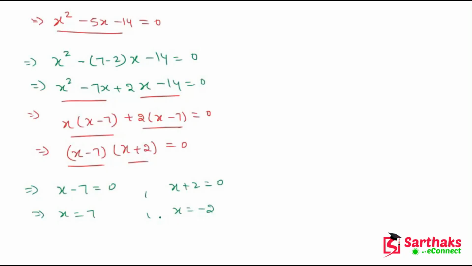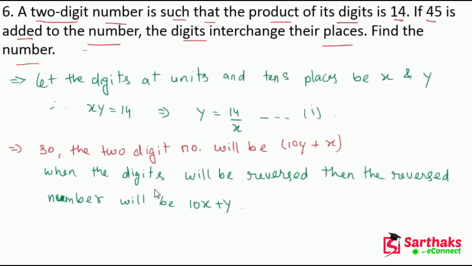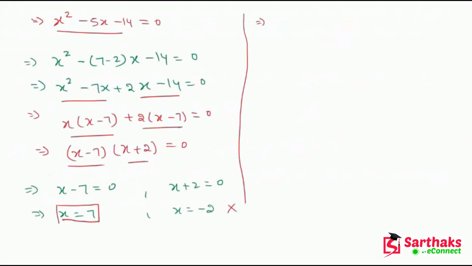But here you can see that we take the value x equals 7, because the digits cannot be negative. So x is 7. Now if x is 7, from the first equation y will be 14 upon 7, which is 2.